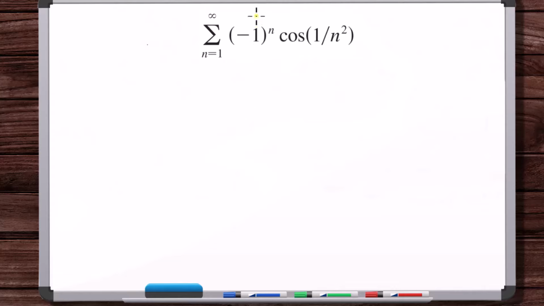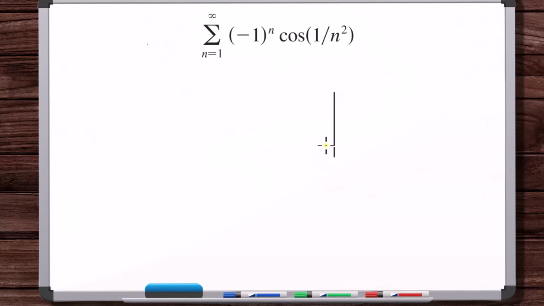Okay, I see this minus 1 to the n. I think the alternating series test, but remember we need to verify that it is in fact an alternating series. Like this it might not be because of this cosine term here, but as n gets larger and larger, this is approaching 0 from above.